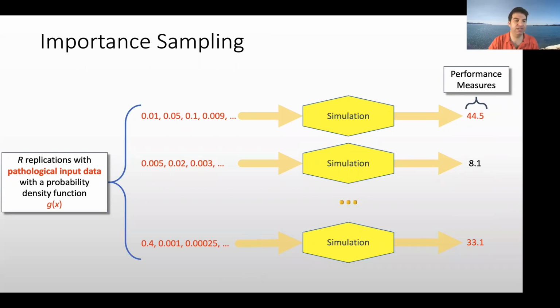So I've now generated the same R replications, but now I've used an input model that is always in kind of a pathological range. So if these are inter-arrival times between customers, now my customers are always arriving in bursty levels. I'm always getting one customer arriving right after the other customer.